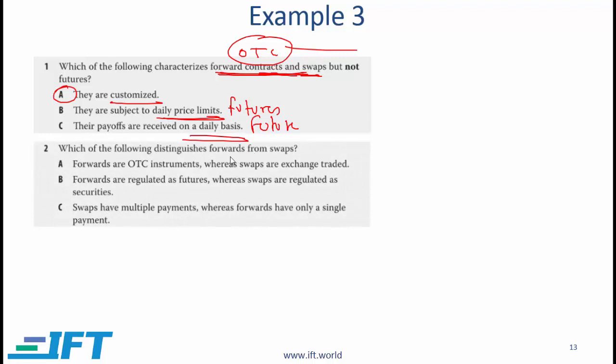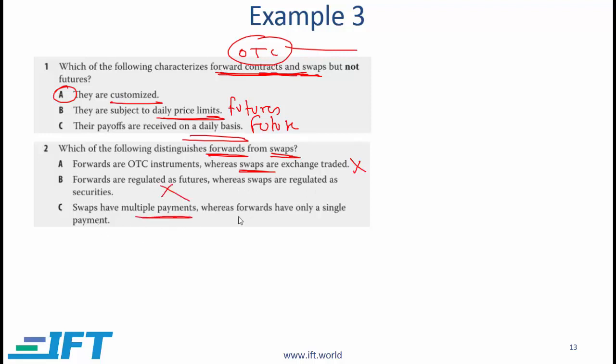Which of the following distinguishes forwards from swaps? Forwards are over-the-counter instruments, whereas swaps are exchange-traded. This is not true. We just talked about the fact that swaps are also over-the-counter instruments. Forwards are regulated as futures, whereas swaps are regulated as securities. This makes no sense.